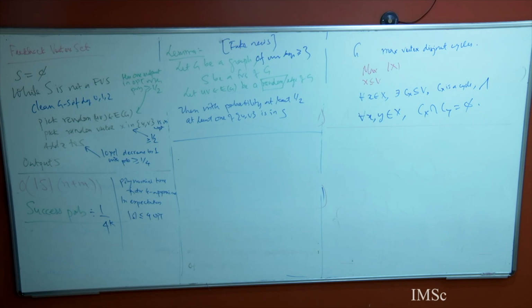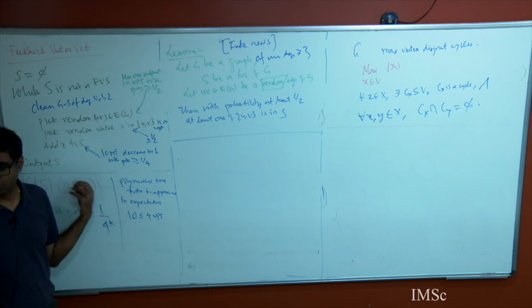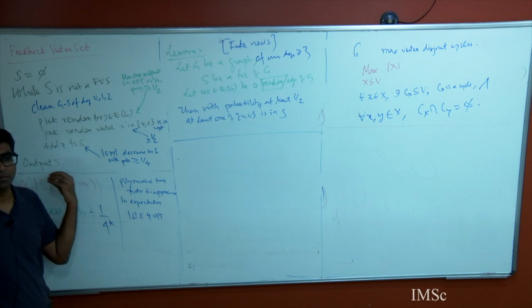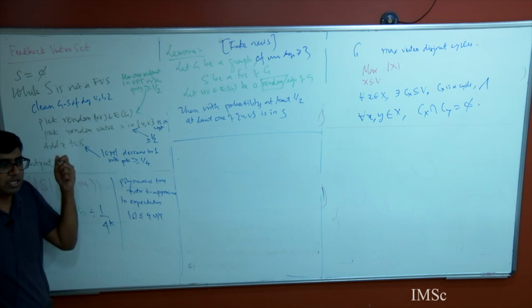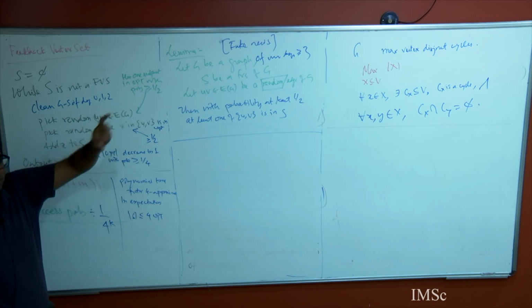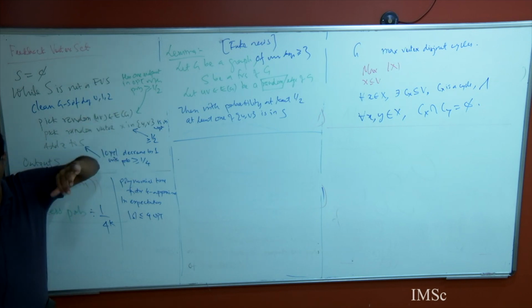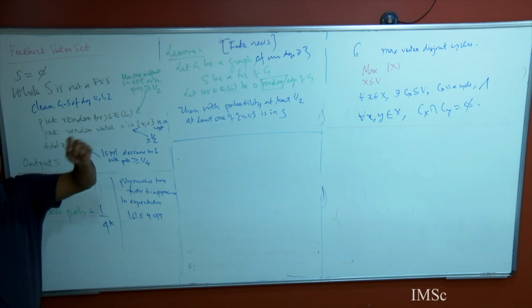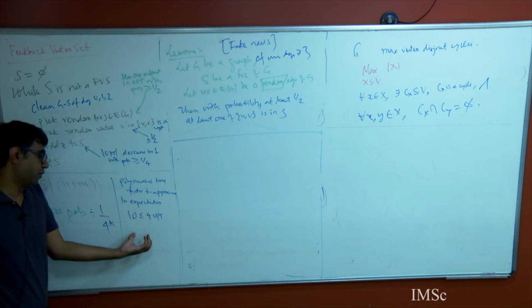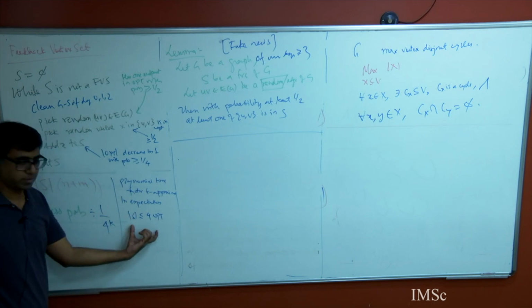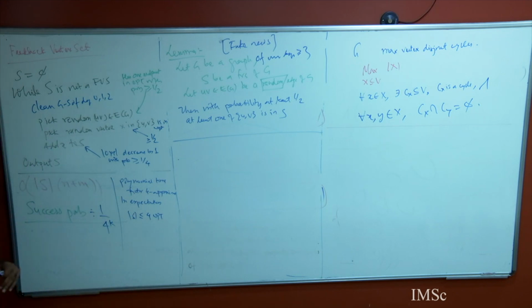In expectation, you need 4 opt iterations before opt becomes 0, because in each iteration with probability 1/4 only, you are making opt decrease by 1. So you need about 4 iterations before opt really decreases by 1. This is just simple randomized analysis.